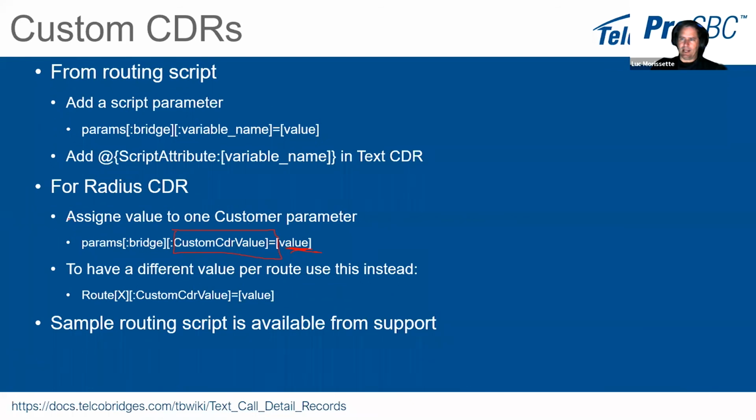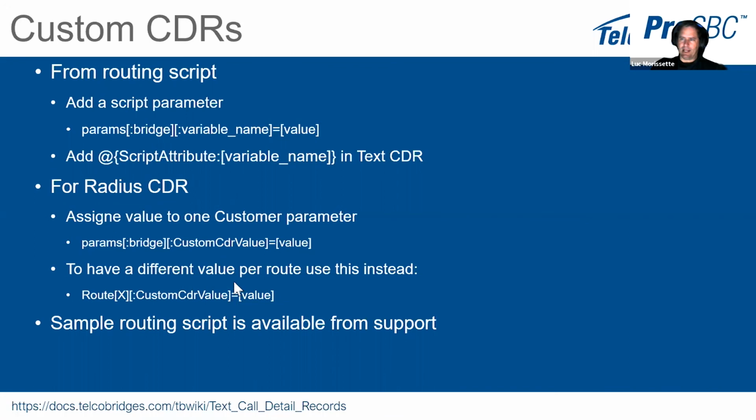So this is a global parameter, and this is a per route parameter, and you need to specify which route will use this value. If you need to do this for radius CDR or text CDR, we have some sample scripts, and we can make that available to you.